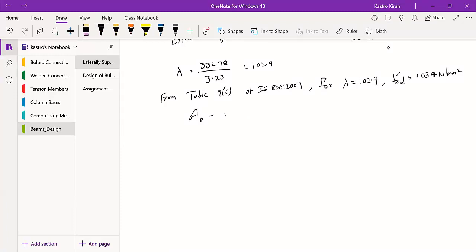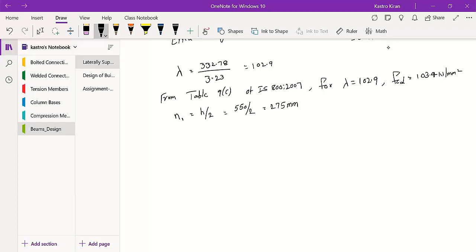Sorry, not this step, you have to solve one more step. Here you have to calculate the value of N1, which is the total height of the I section divided by 2, which is 550 divided by 2, which will be 275 mm.